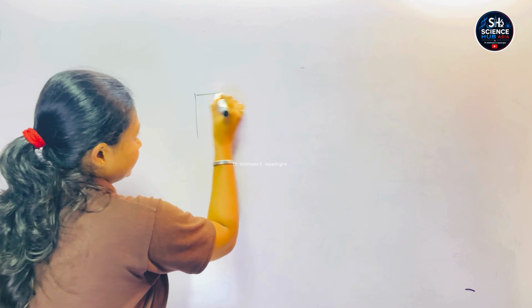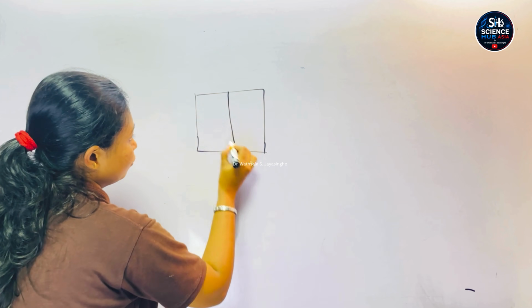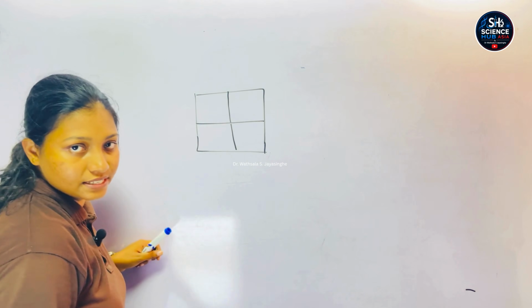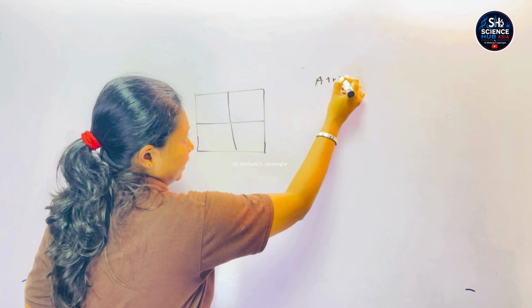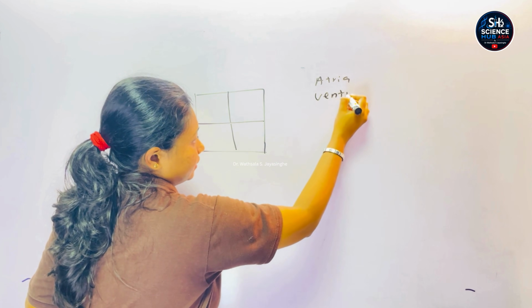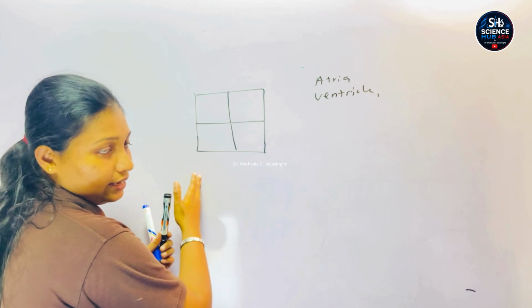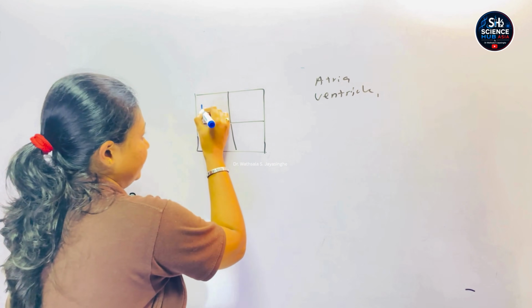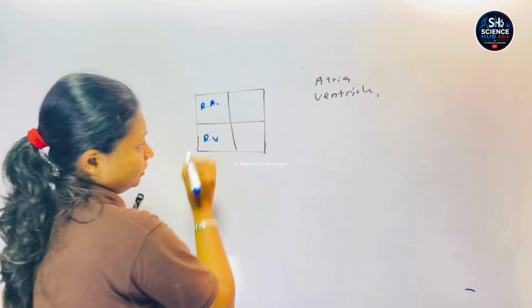This is your heart, the human heart. It has 4 chambers. The upper chambers are known as atria. The lower chambers are known as ventricles. This is the right side, so this is known as the right atrium, and this is the right ventricle.